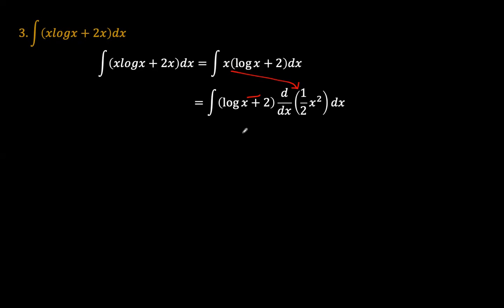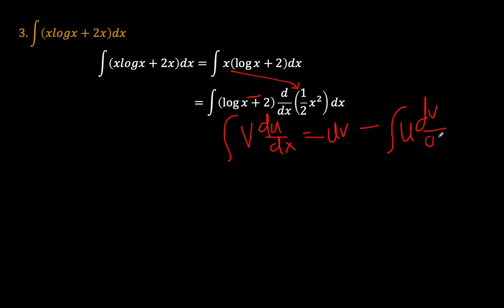So using integration by parts, where the integral of this product is the same as uv minus the integral of u dv/dx, right?